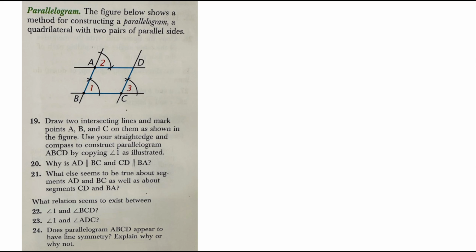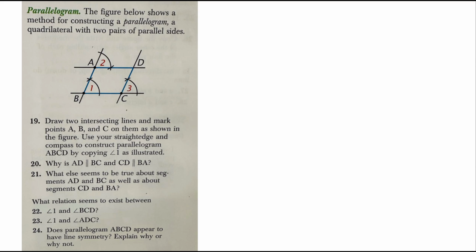So, a parallelogram. The figure below shows a method for constructing a parallelogram. Well, that seems like it's easy to do, right? Because you see the two parallel lines and you see one transversal. So this basically just has two transversals, correct? And when we have two transversals that are parallel also, does that make a parallelogram?